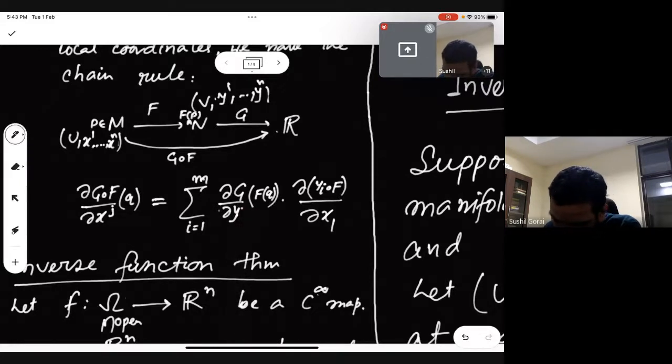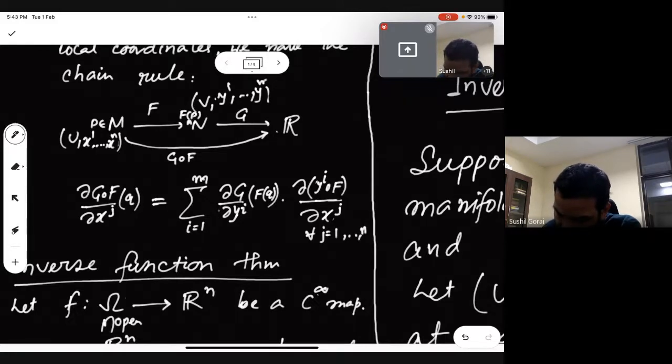This is i. y^j compose f, for j equal to 1 to n.